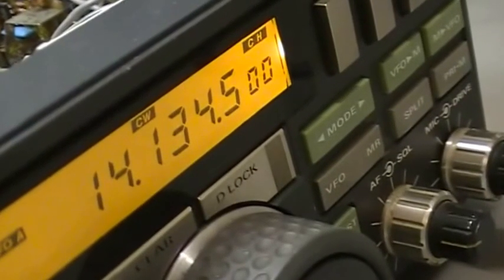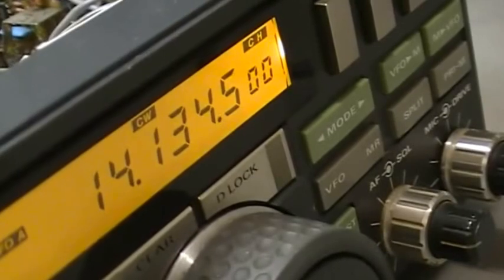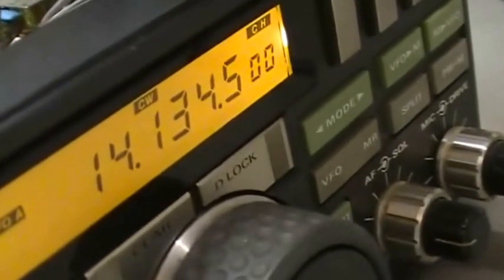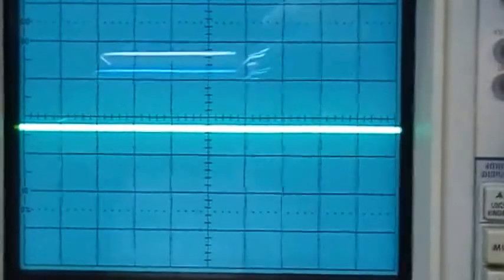On 20 meter we're going to check the behavior as well. We have the same condition. So drive is closed and it is switched to transmission right now, and no output, so that is normal.